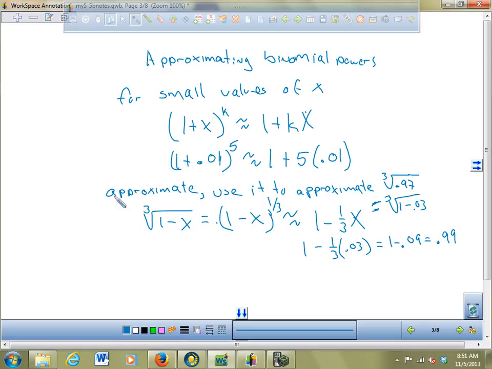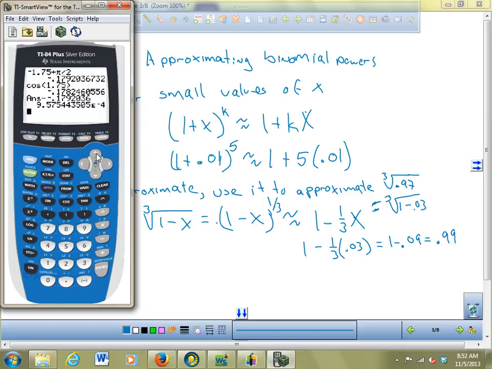So let's see how close we got. Alright? So if I take my calculator and use the cube root math, cube root of 0.97, and I hit enter, I get very close to 0.99, don't I?